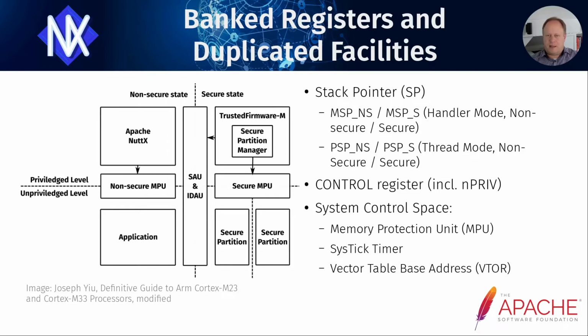The system tick timer is also replicated, which for example allows implementing independent schedulers in the non-secure and the secure processing environment. There are also two vector table base address registers, and those two independent exception vector tables can be defined for the two security states.